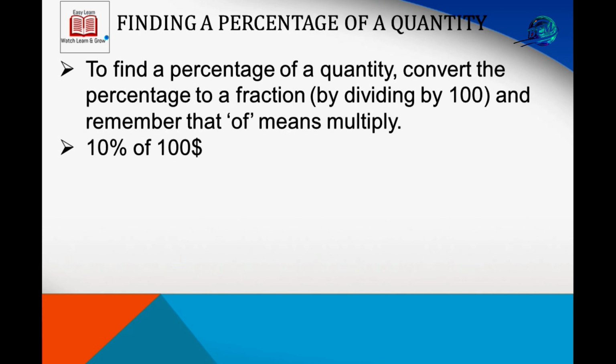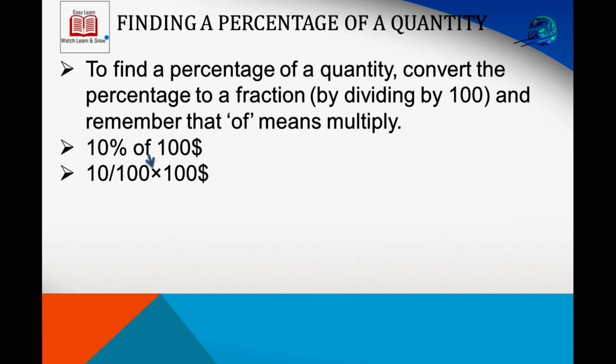So to find a percentage of a quantity, very simple steps: convert the percentage to a fraction. This is the first step I have to follow. How can I convert the percentage to a fraction? We had already discussed it. The way is to divide simply by 100. And remember that "of" I will use in the questions. You can see that "of" is replaced by the multiplication sign. So "of" means multiply.